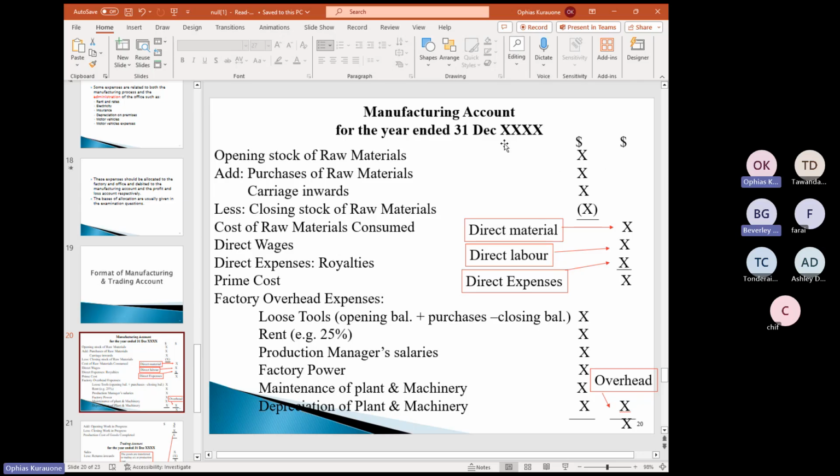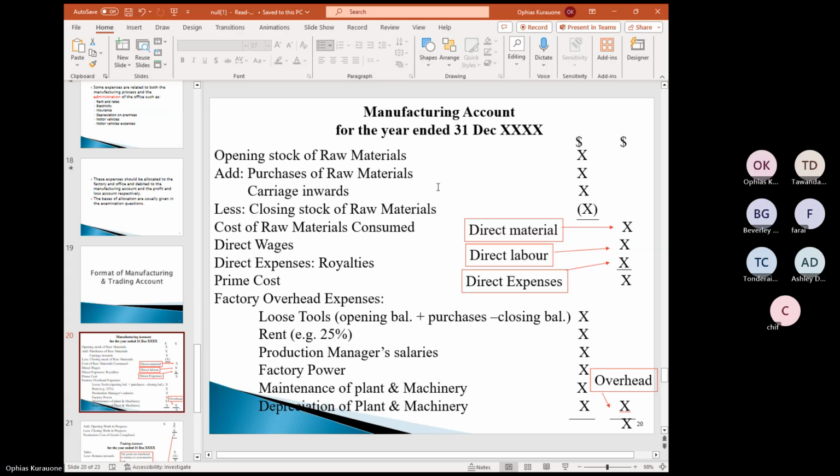For the opening stock of raw materials, you check the closing stock for the previous period, which then becomes our opening stock for this period.